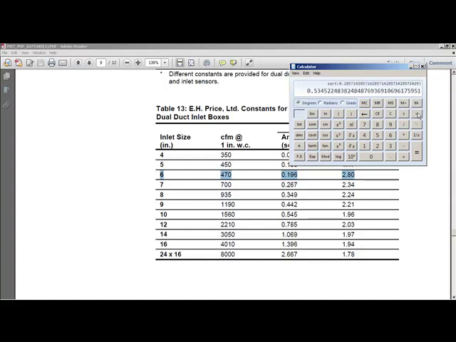We'll take the square root of that, we'll multiply that by 4005, and then we'll multiply that by the area, which is 0.196. And we come up with 419.5.